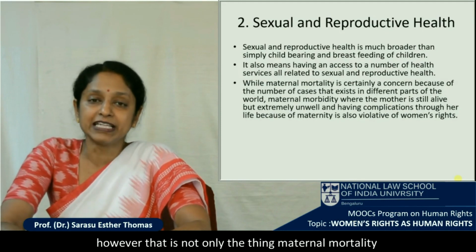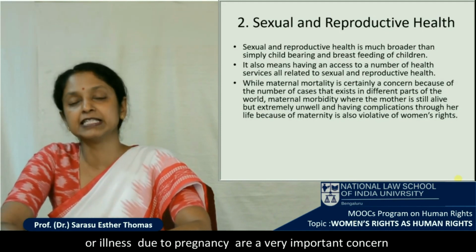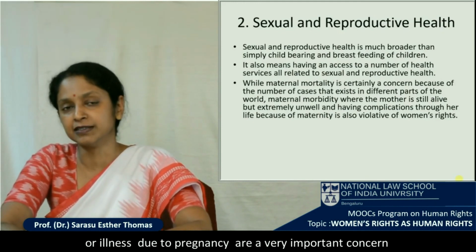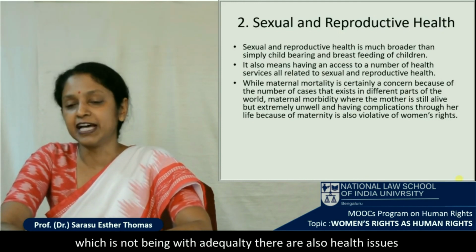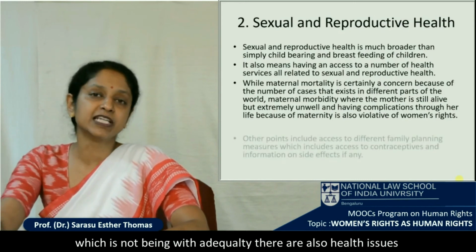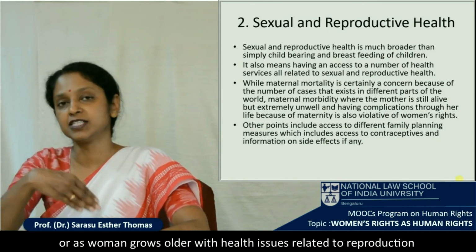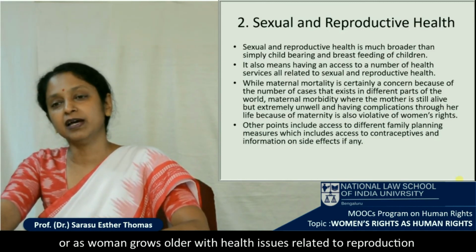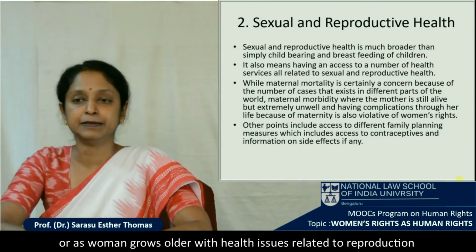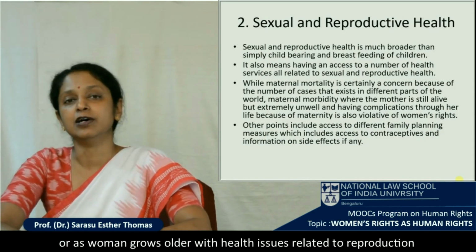However, that's not the only thing. Maternal morbidity, or illnesses due to pregnancy, is a very important concern, which has not been dealt with adequately. There are also health issues dealing with menstruation, or as a woman grows older, with health issues related to reproduction.